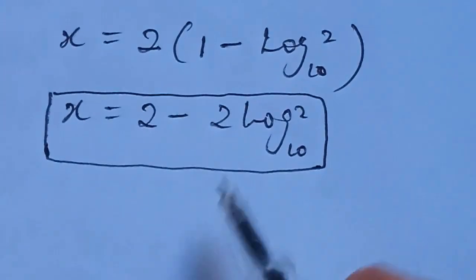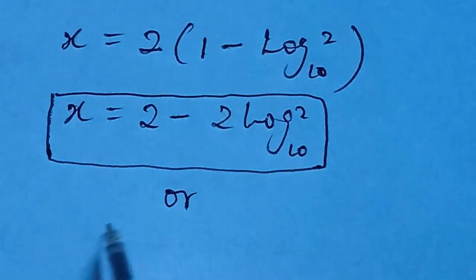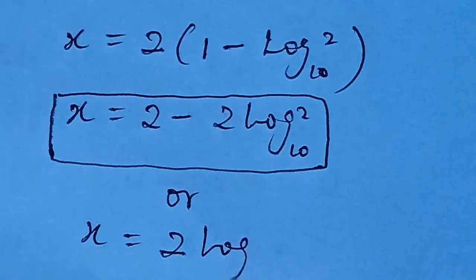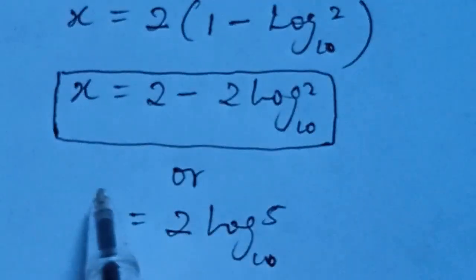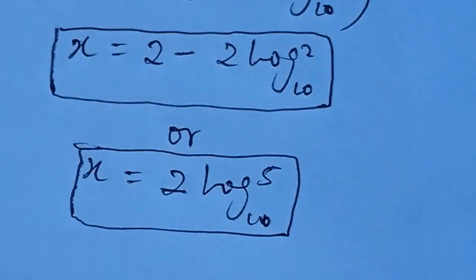So x can either be this, or x can also be written as 2 log 5 base of 10. So these are the two values of x using this approach.